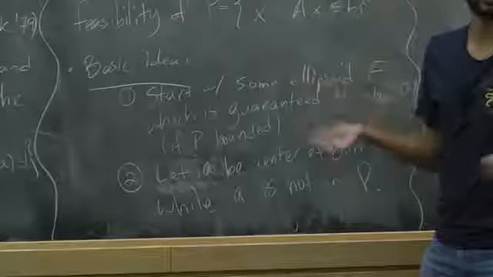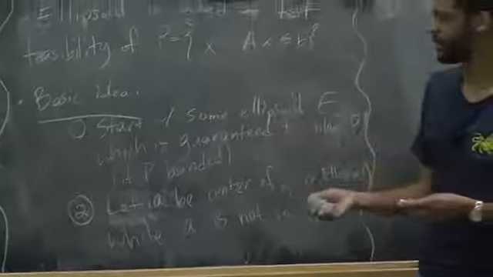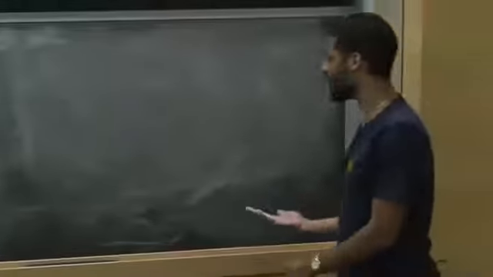We have our feasible point. Ellipsoid is trying to find a feasible point. However, the center of the current ellipsoid is not in P.